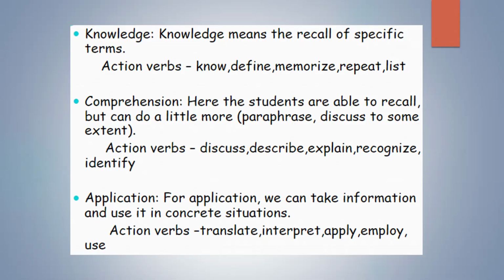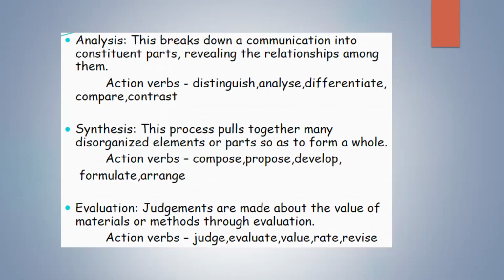Similarly, for application, we have translate, interpret, apply, employ, and use. We have for analysis, distinguish, analyze, differentiate, compare, and contrast. For synthesis, we have compose, propose, develop, formulate, arrange. For evaluation, we have judge, evaluate, value, rate, and revise.